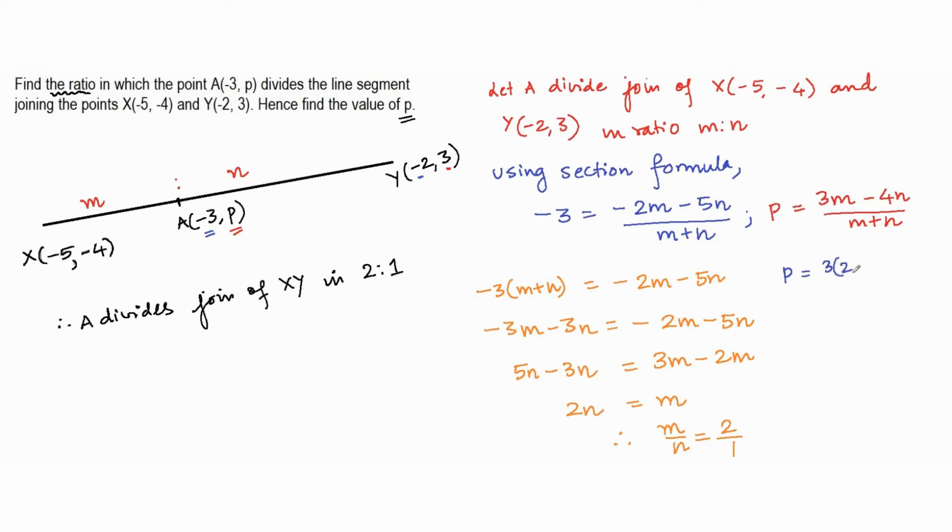So it becomes 3 times 2 minus 4 times 1 divided by 2 plus 1. That is 6 minus 4 divided by 3, and therefore p is equal to 2 upon 3. This is how I can find the value of the variable p here. So pausing for a minute before taking up the next one.